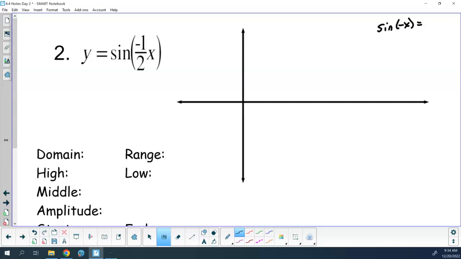Number 2. So it's negative sine of t, right? Right? So this would be negative sine of x. So if I do that, I can think about this one as y equals negative sine of 1/2 x. Right?